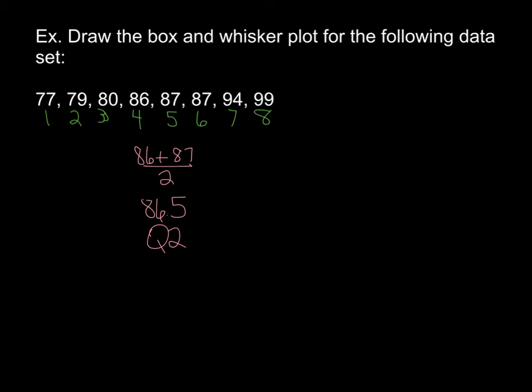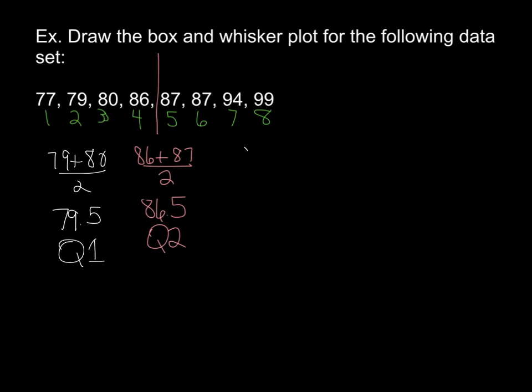Then, to find my Q1, I got to find the median of the lower half. Well, the median of the lower half is going to be in between the 79 and 80. So you're going to do the same type of math. So 79 plus 80 divided by 2 is equal to 79.5. That's my Q1.